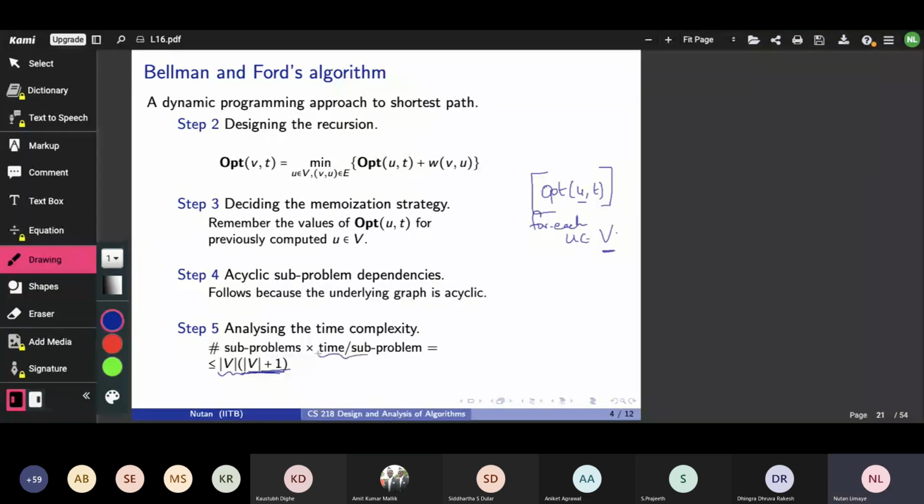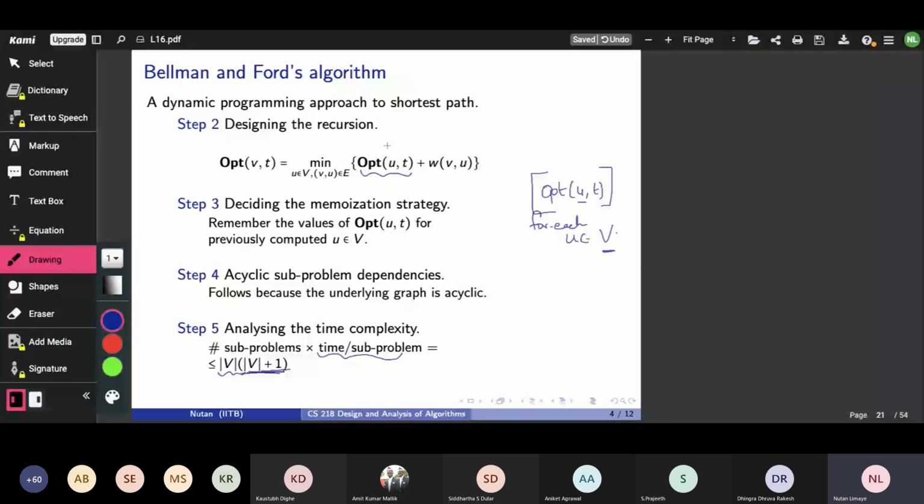what is the time required per subproblem? Firstly, I'll have to look up the value of opt of ut, which should be computed somewhere prior to opt of vt, because acyclicity assures that when I'm trying to compute opt of vt, opt of ut is already there. For any subproblem, I'm only looking at subproblems that are in some sense smaller than it.